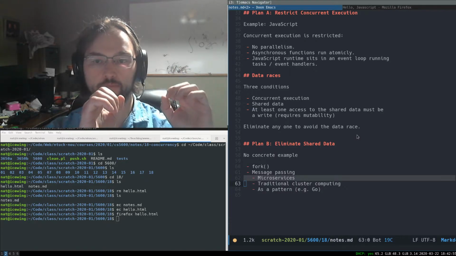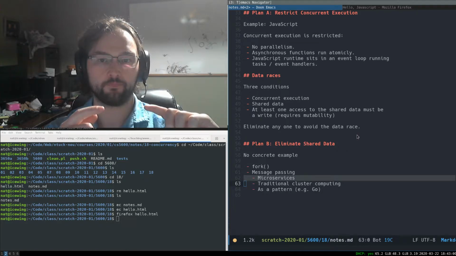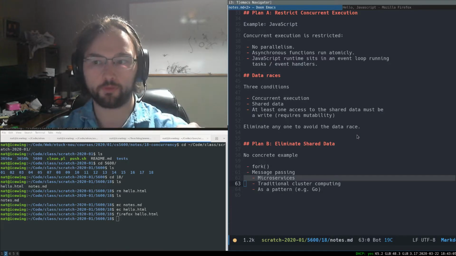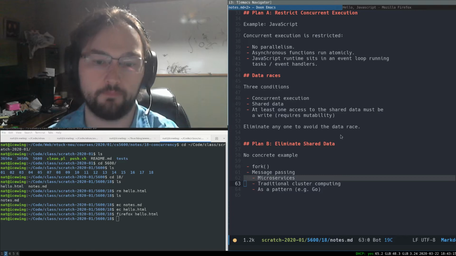Those two programs are executing separately, maybe in separate containers, maybe on separate servers, maybe on separate virtual machines. And they don't share any state, but they do talk to each other, or they both talk to the same database. And that is a way to try to reduce data races by eliminating shared data.